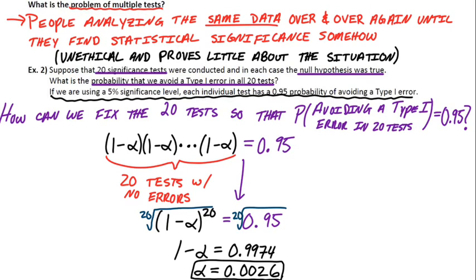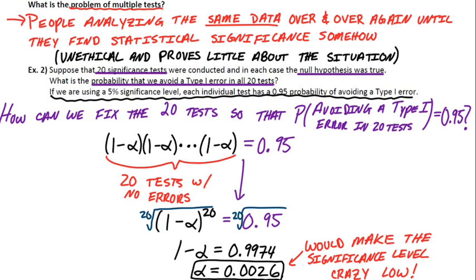So those jelly bean people would have to be way more picky with their alpha level if they still wanted to keep that 95% probability across those 20 tests. So that actually makes the significance level crazy low if we wanted to keep that probability of avoiding those type 1 errors at 95%, which would be the ethical thing to do, by the way, if we were truly going to run 20 different tests on the same data.